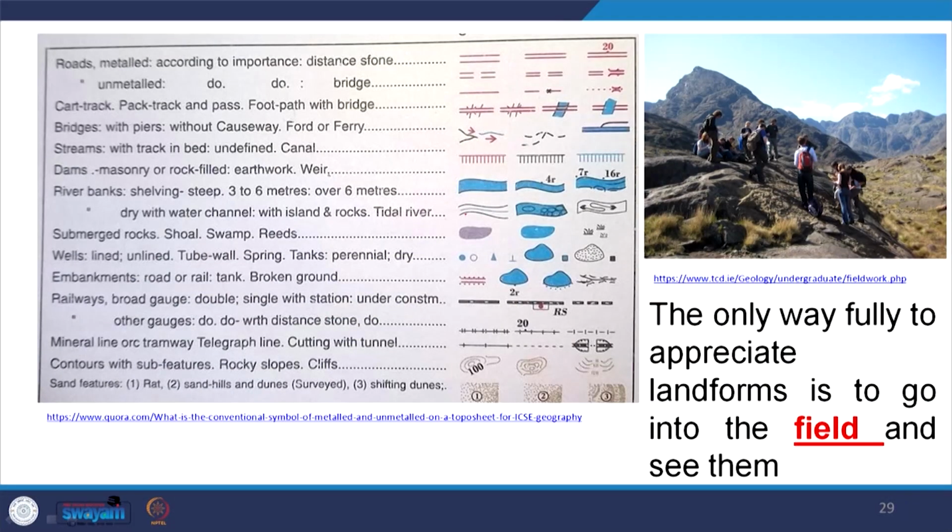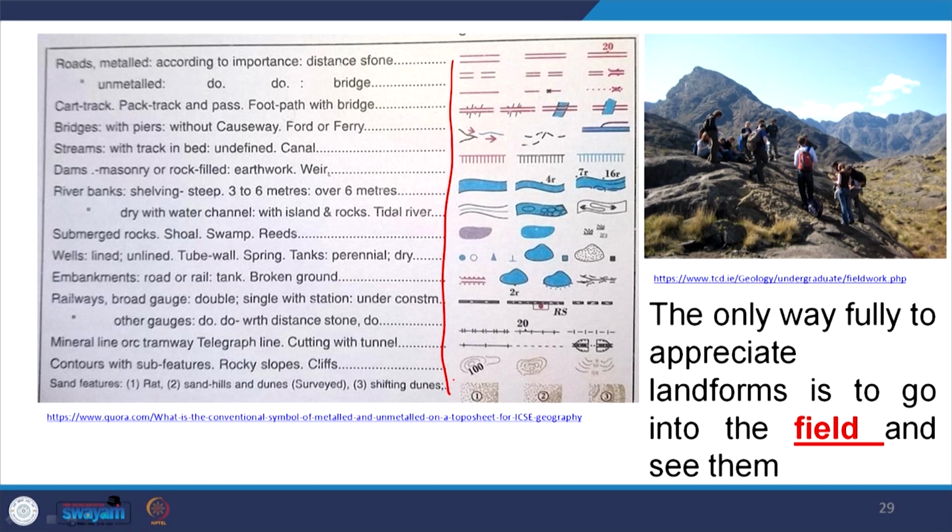Then from this data source, elaborating more, these are the different data, different map symbols. Suppose you are given a toposheet, but you do not know which symbol is representing what, it is useless. That is why recognizing the map symbols is also important.